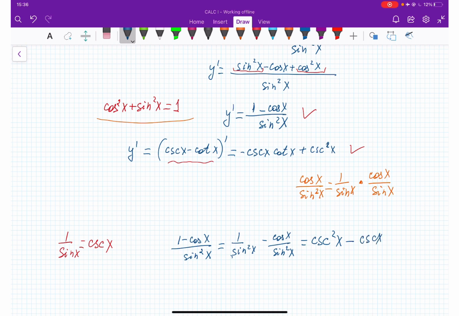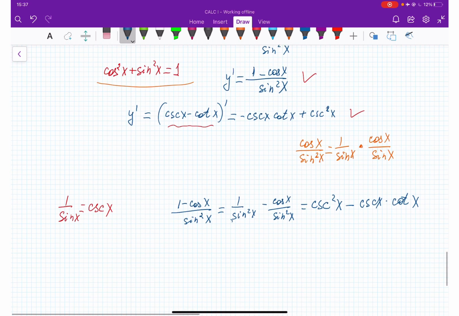And cosine x over sine x is cotangent x. So from here we get cosecant square x minus cosecant x cotangent x. If I compare to the derivative I got here, it is identical. So therefore, we can say that the equation is also valid.